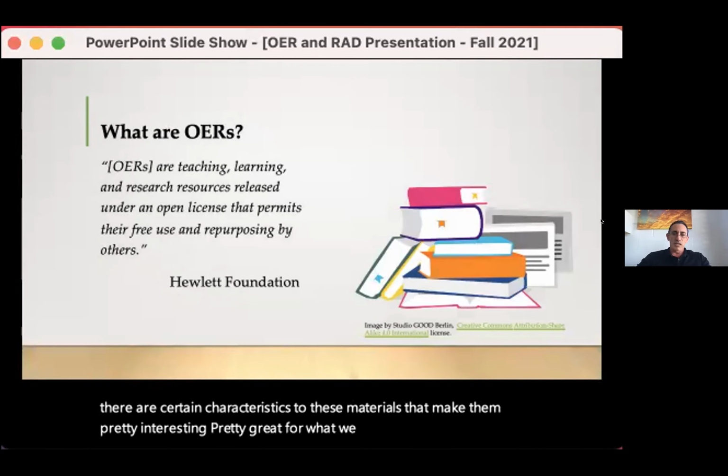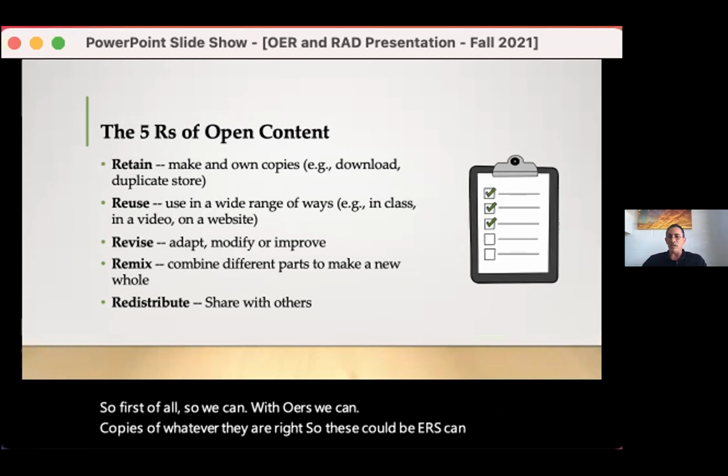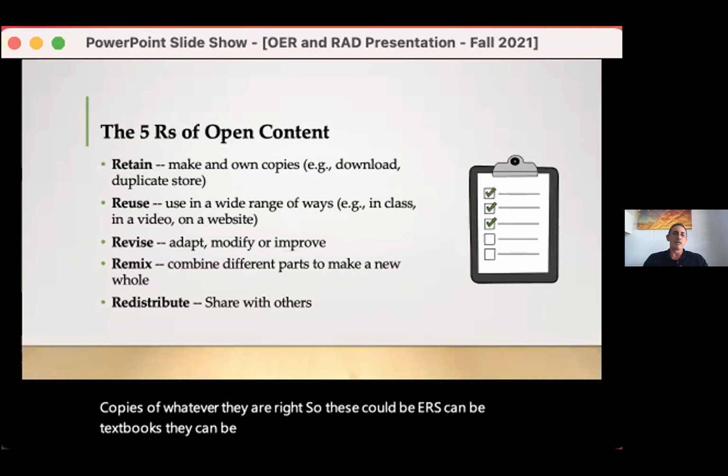I want to share what are called the 5 R's of open content. With OERs, we can keep copies of whatever they are. OERs can be textbooks, assignments, PowerPoint presentations, videos, lots of different things.